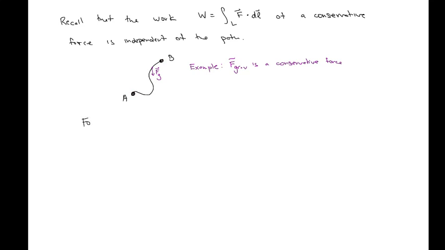The same thing seems to be true as long as I have a non-closed path. I just showed you if you have a closed path, then it's going to be 0. But for a non-closed path, the line integral of our electric field dotted with dl is independent of path.